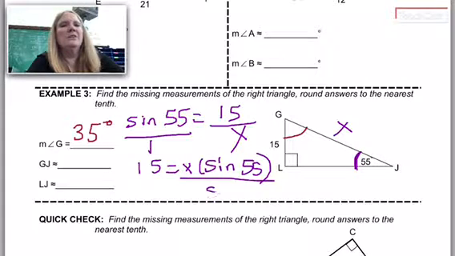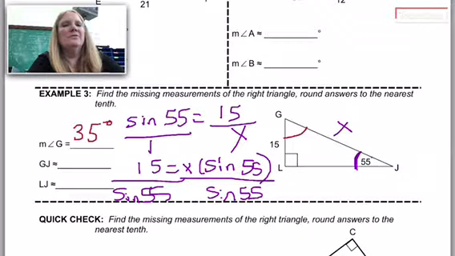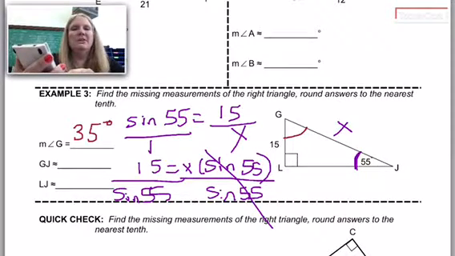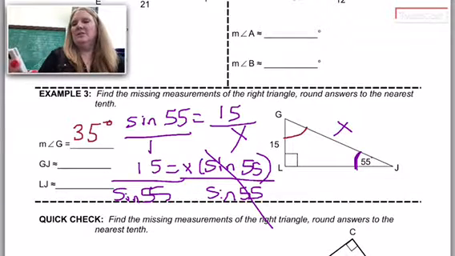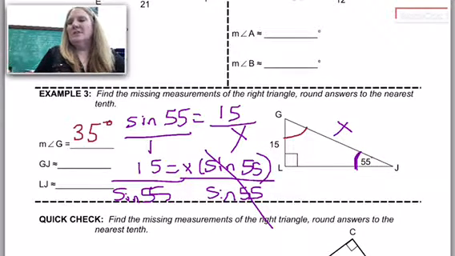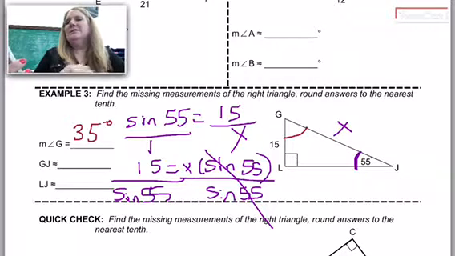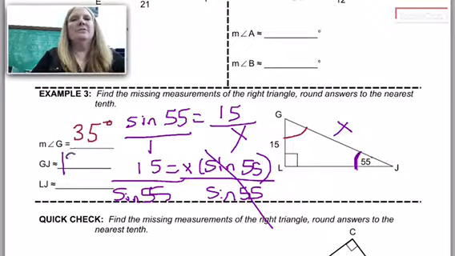Then divide by the sine of 55. So X is equal to 15 divided by the sine of 55. 15 divided by the sine of 55 is 18.3.